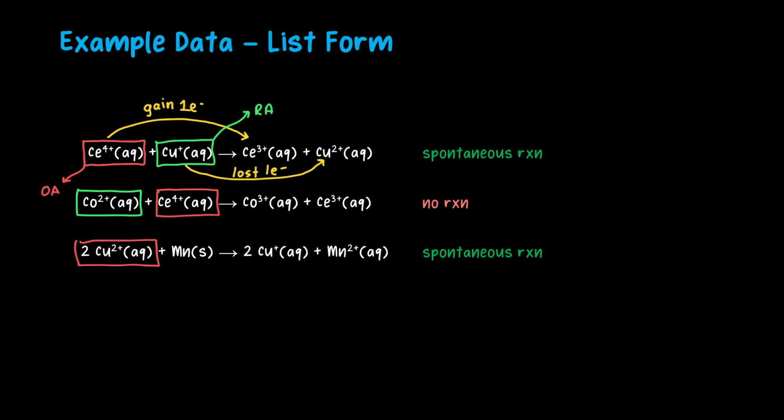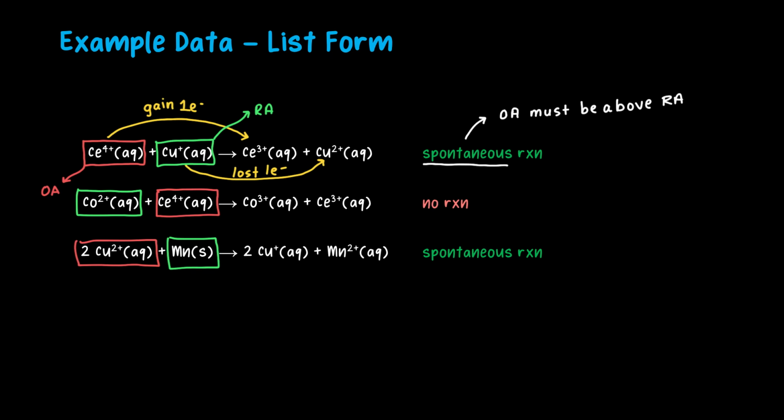And manganese solid is our reducing agent. So now that we've sorted out oxidizing agents and reducing agents, we're going to remember our key fact. For a reaction to be spontaneous, on our activity series, the oxidizing agent must be higher, or must be above, the reducing agent.